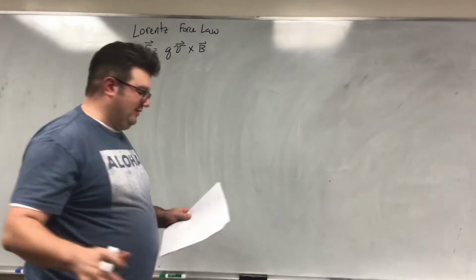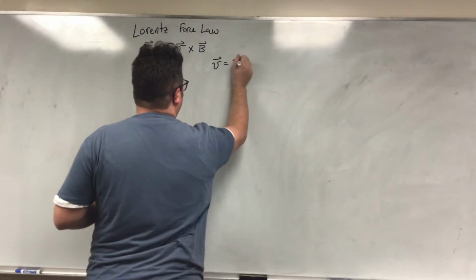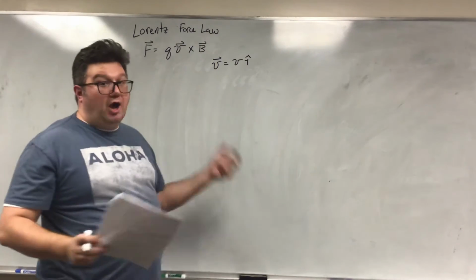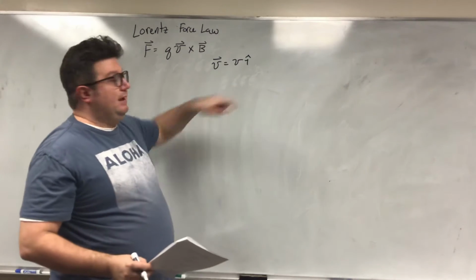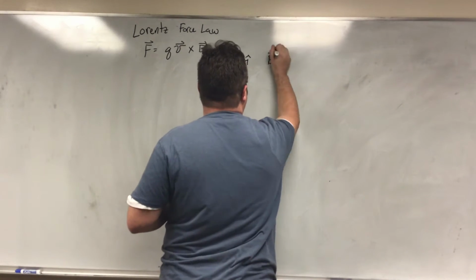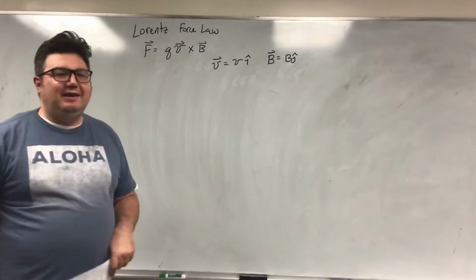Imagine the following example. Imagine that V equals V I hat, so it's some non-zero number times the direction I hat, and B is some uniform magnetic field. How would I generate that?